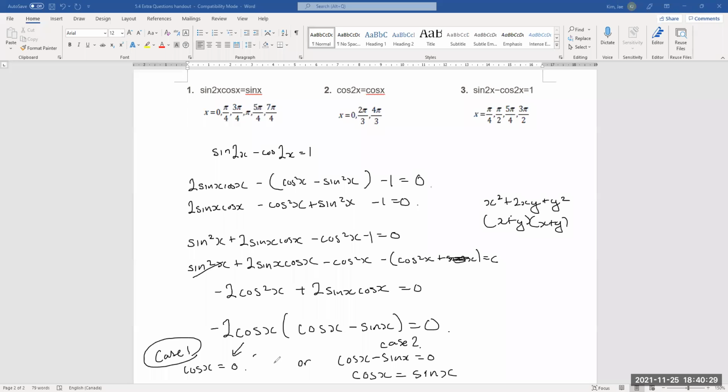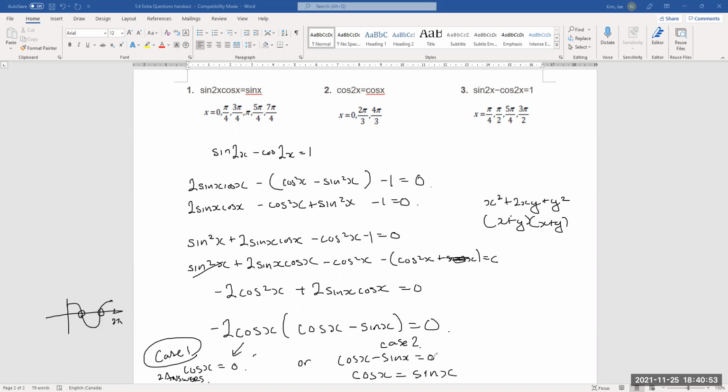And if I think about this from a graphic perspective, in an interval of 0 to 2 pi, I should have two angles at which cosine equals 0. So from here, I should get two answers.